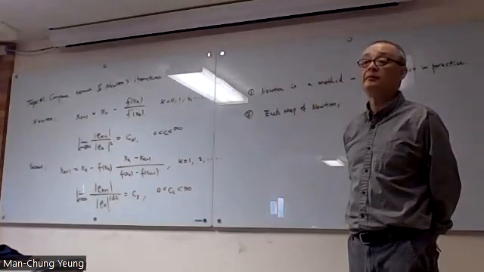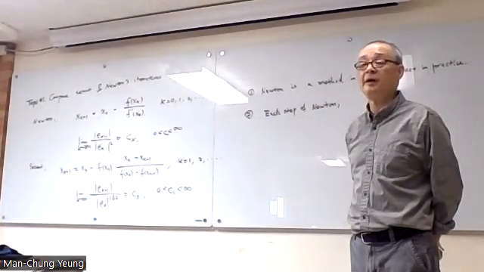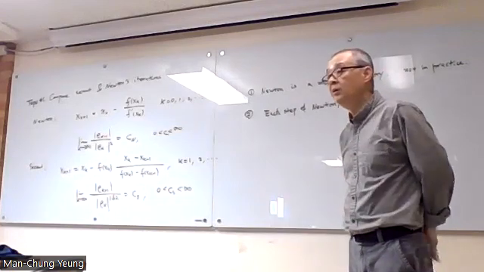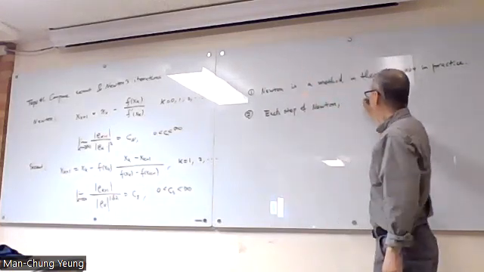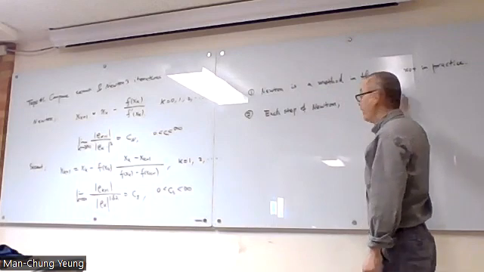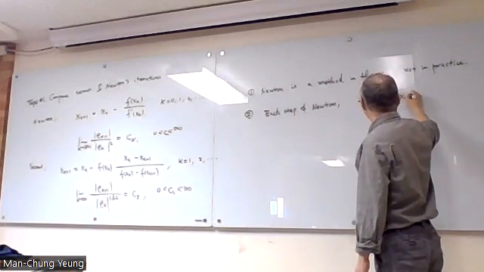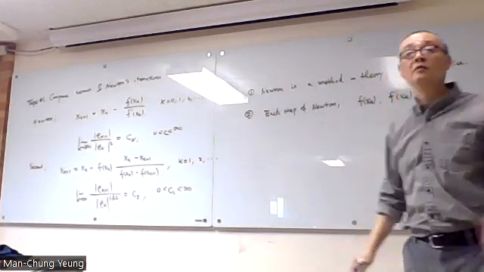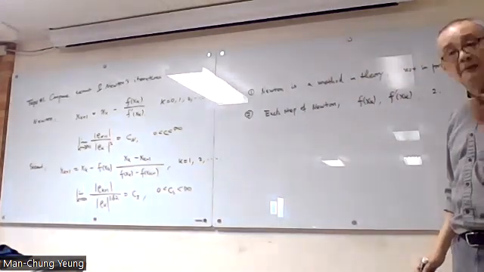How many function values do we need to compute? Two, right? We need to compute the function at x_k and the function derivative at x_k. Two function evaluations.